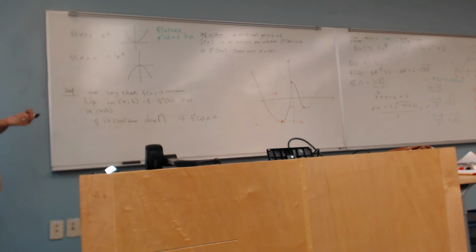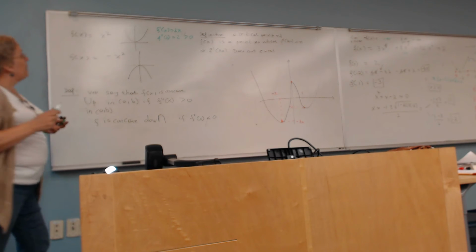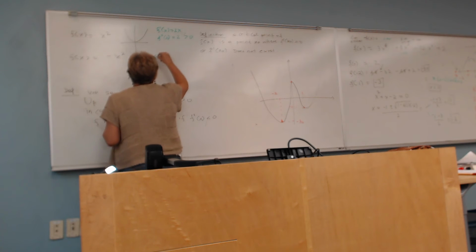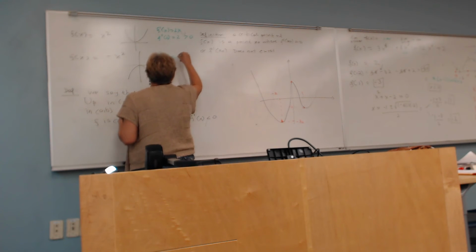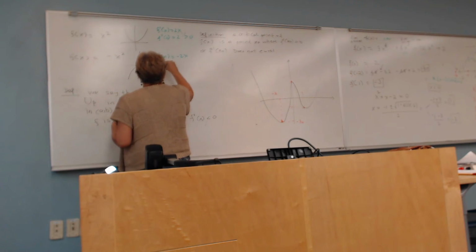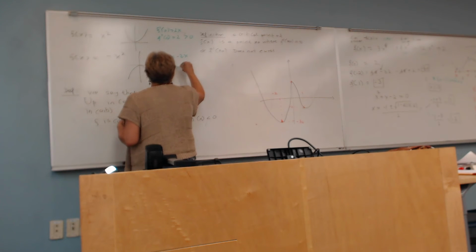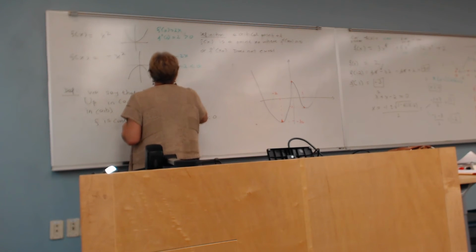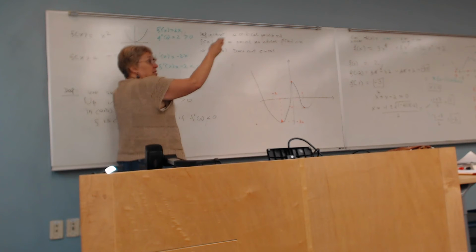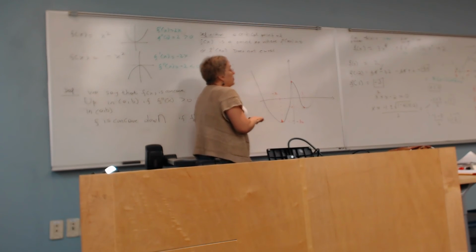So the second derivative is positive everywhere, and the function is concave up. And here, the first derivative is minus 2x, the second derivative is minus 2, negative, and so that's again concave down.